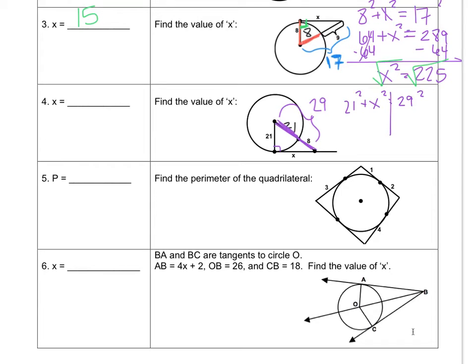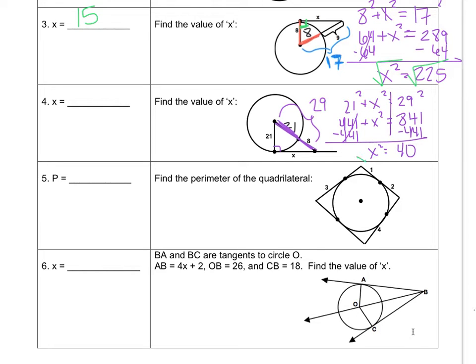Okay, so if you're going to do 21 squared, you get 441 plus x squared equals, and then 29 squared is 841. Okay, you're solving for x, so we're going to subtract 441 on both sides. So I have x squared equals, and 841 minus 441 is going to be 400.